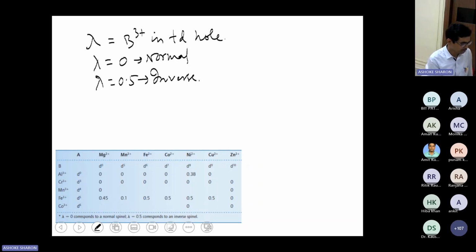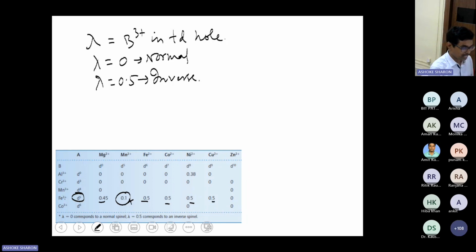From the table, you see with the d5 electronic configuration, it shows 0.5, 0.45, 0.5, 0.5, 0.5, 0.5, 0.5. That means this combination MgFe2O4, MnFe2O4, is not exactly going to the inverse structure.